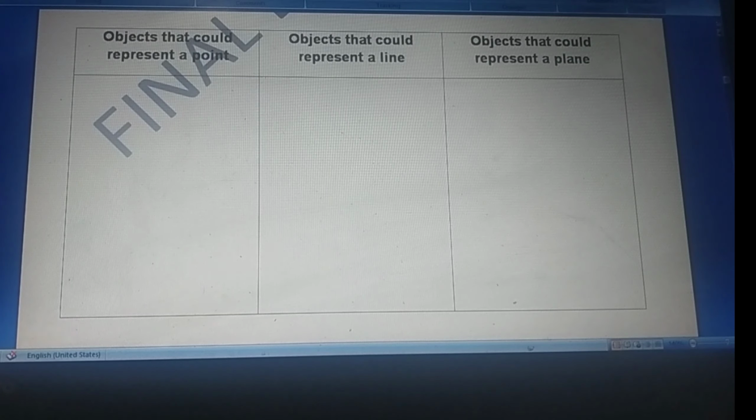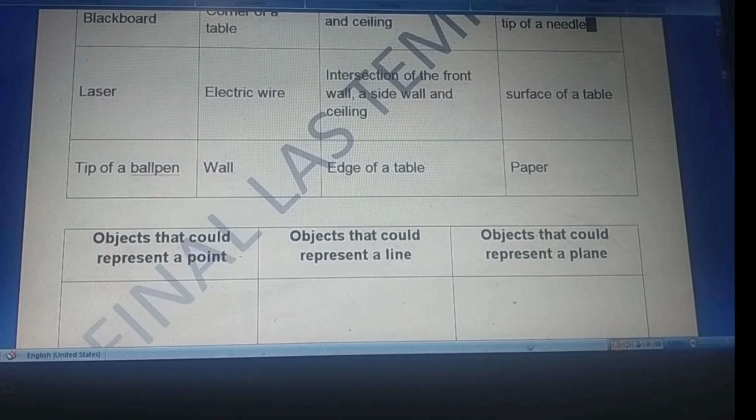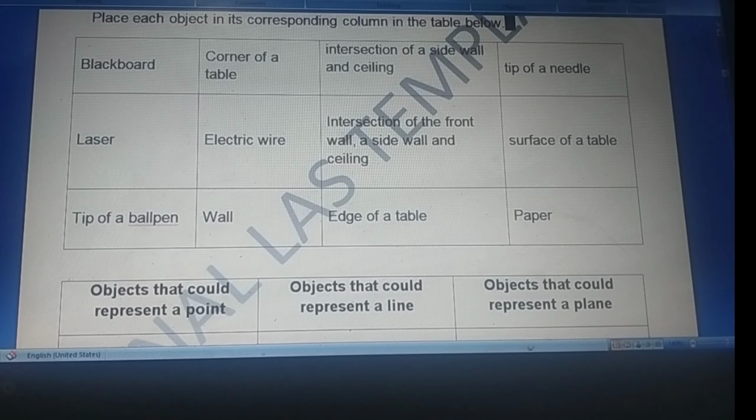For the plane, our floor, our ceiling, wall. I have here an item which is really challenging, like this one: intersection of the front wall, a side wall, and a ceiling.